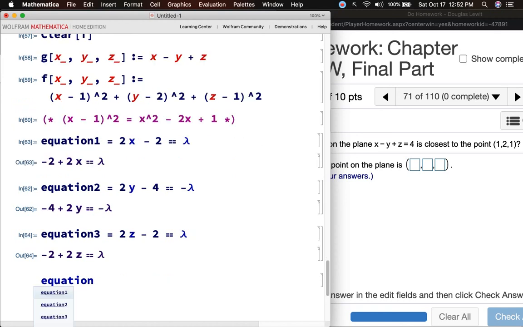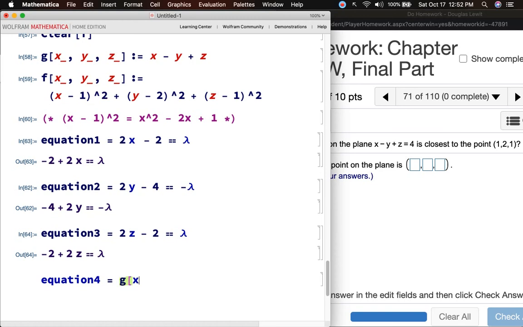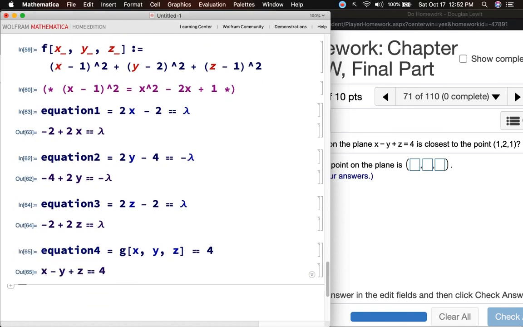And then equation 4 is simply g of x, y, z is equal to 4. And that's it.